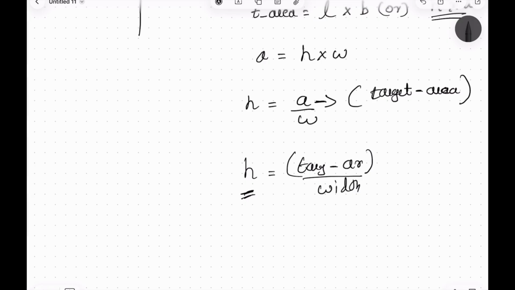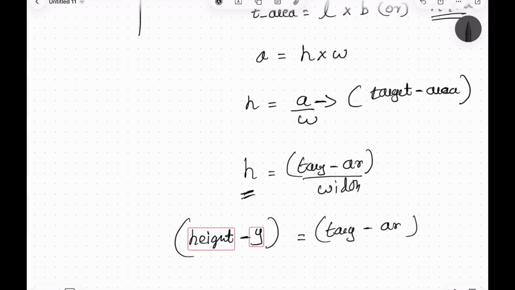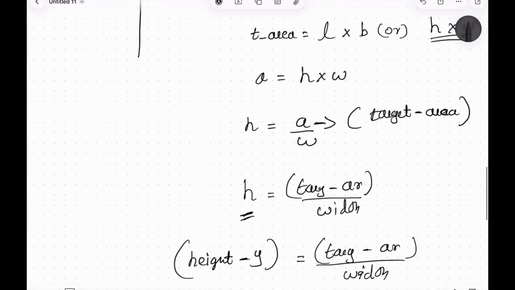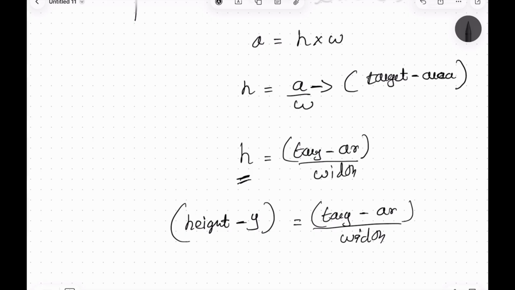This will be the height minus y is equal to target minus area, by width. By this height I mean the coordinate value, which is 0, 1, 2, the coordinates available in this particular grid. So that determines the y.